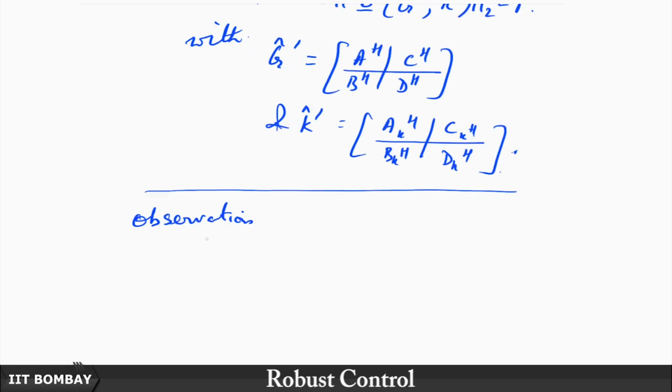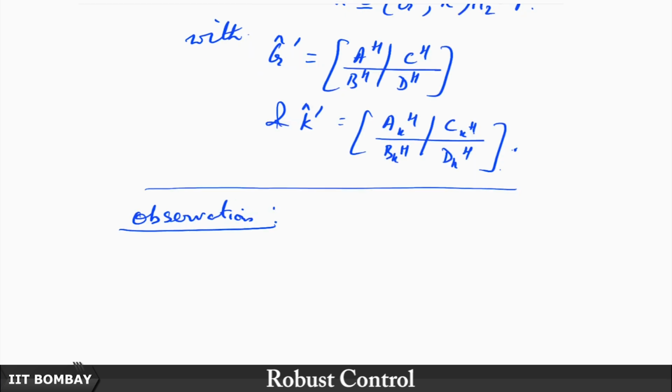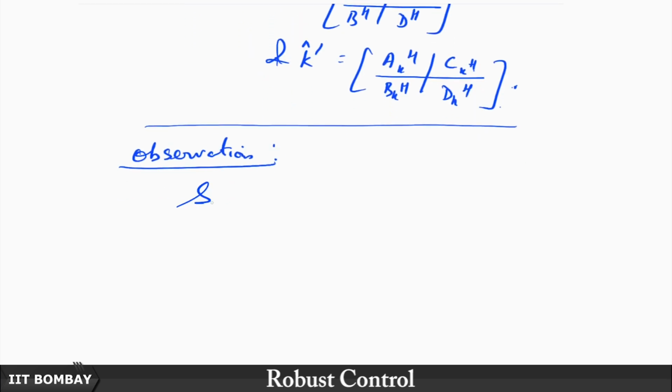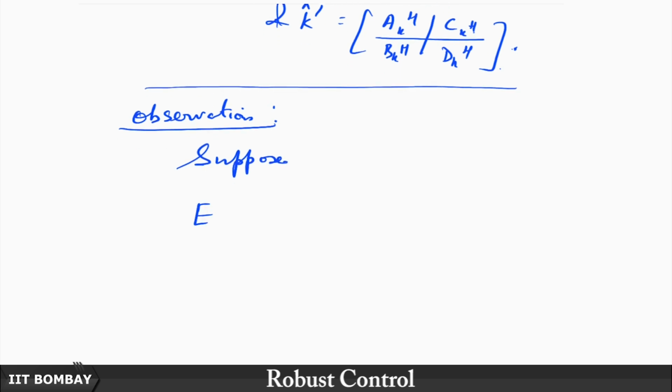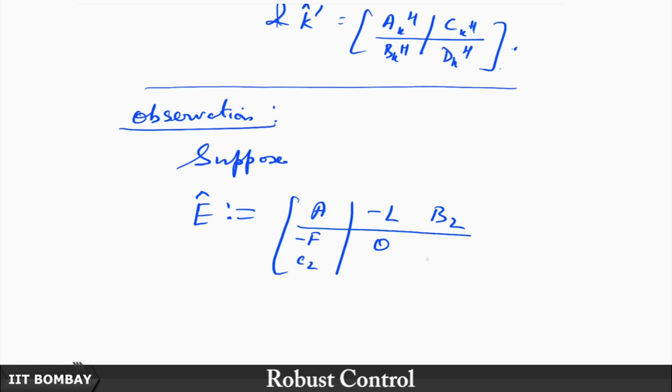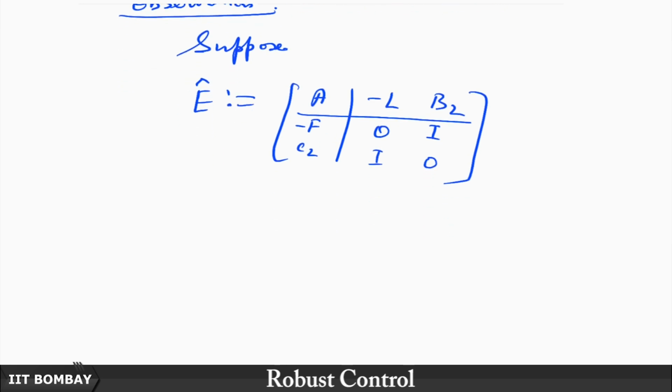These will be handy in subsequent proofs. Suppose E hat is defined in the following manner: A, minus L, B2, minus F, C2, 0, 0, I. Another artificial system that I am cooking up. Do bear with me for a while.